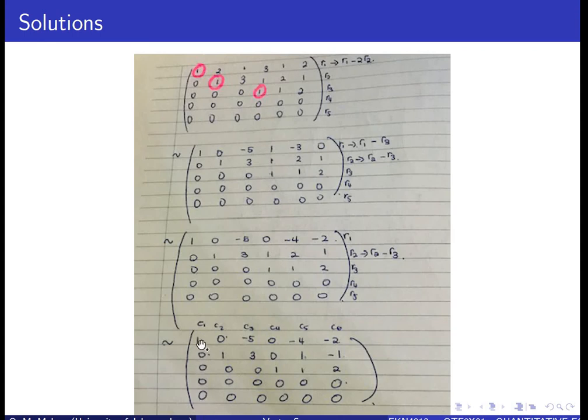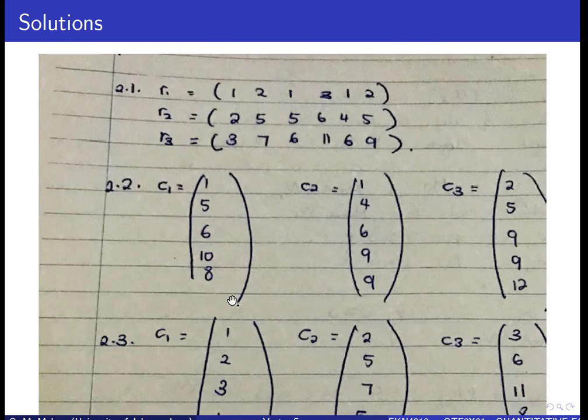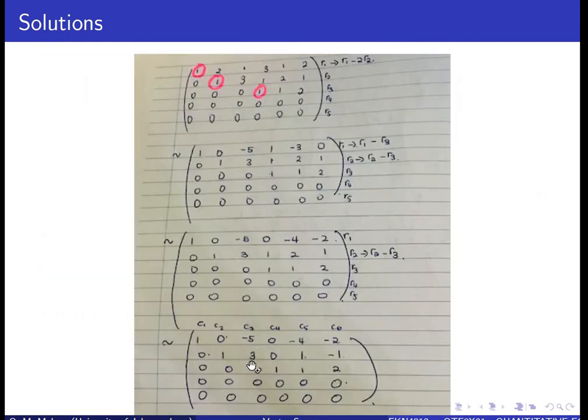For instance, this is my final solution. So this matrix is in row canonical form, right? In row canonical form, these are my linearly dependent columns, C3, C5, and C6, right? And C3 can be expressed as a linear combination of C1 and C2.